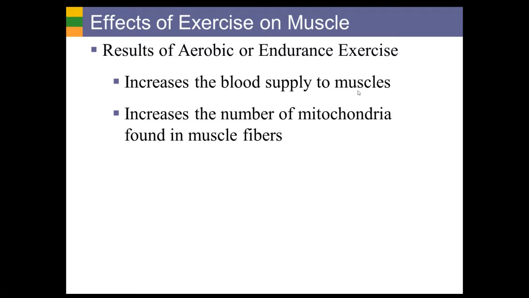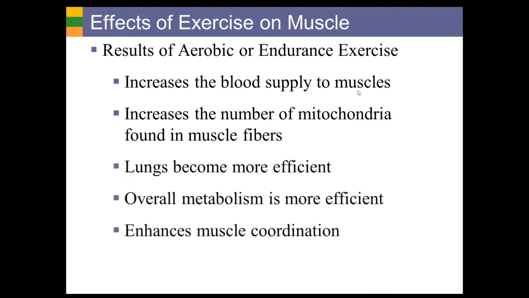So now we have a greater supply of oxygen, and we have a greater number of mitochondria to utilize that oxygen to make ATP. People who run marathons, or elite athletes that do aerobic exercises for hours on end, when you look at their skeletal muscle fibers, they are teeming with mitochondria.